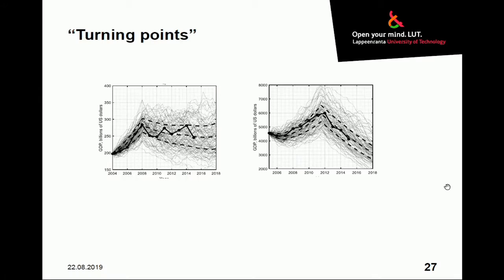One more problem that can be solved with the help of the technique I reported is the opportunity to detect so-called turning points in economics. By a turning point, we mean the point where macroeconomic indicators change abruptly.